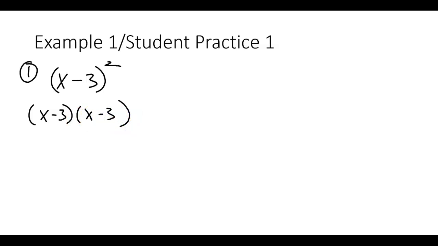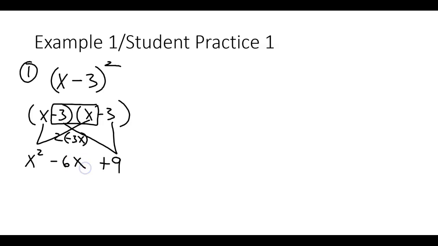I'm going to do my two first numbers multiplied together. x times x is x squared. Negative 3 times negative 3 is positive 9. And then I'm going to multiply these together, but I'm also going to double it. So negative 3 times x doubled. What would that be? Negative 6x. It's a little bit faster than the box method.